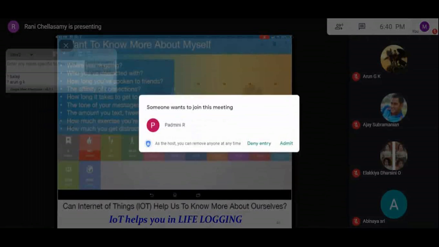So all the daily habits or daily interactions will be monitored with the help of IoT.